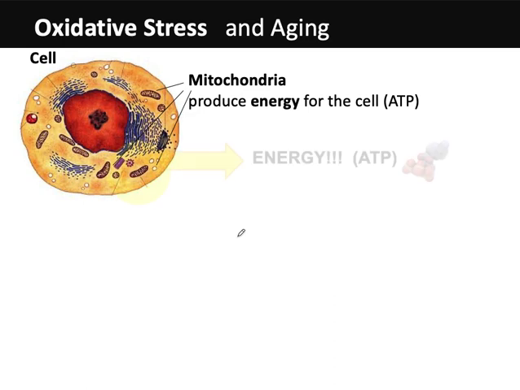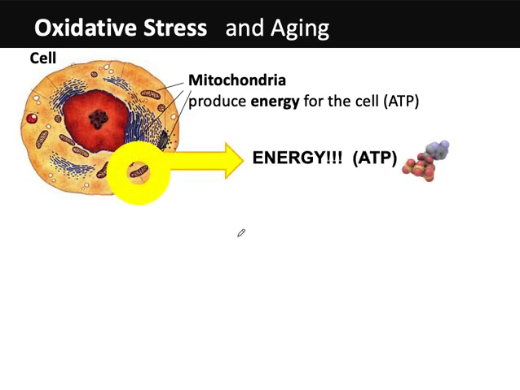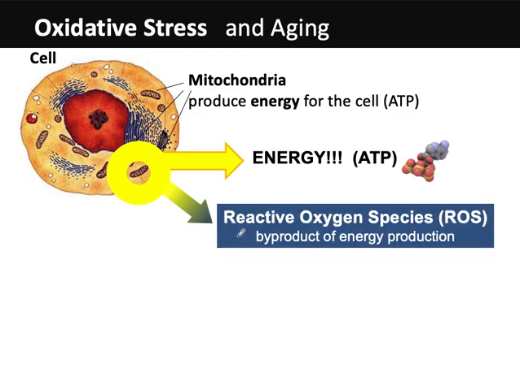They produce energy for the cell, which is something called ATP, or adenosine triphosphate. And as a natural product of the production of energy at the cellular level are these things called reactive oxygen species, or ROS. These are just natural byproducts of the normal metabolism of oxygen, which is related to the production of ATP.